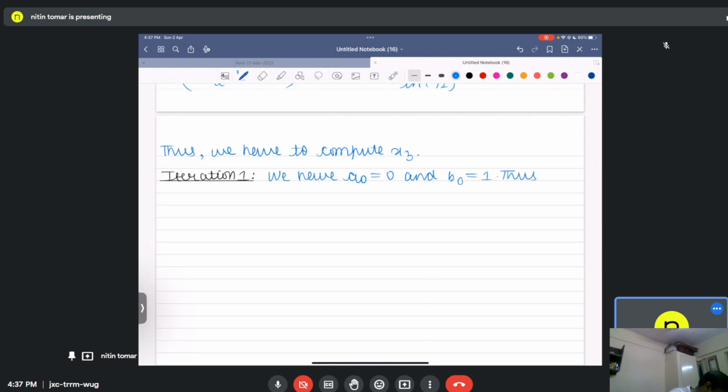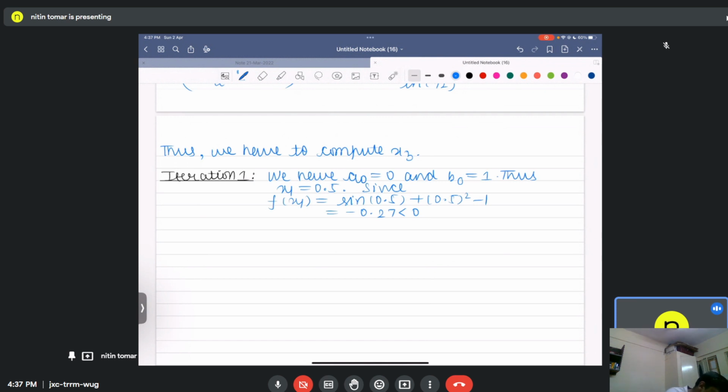So x1 is the midpoint, it will be 0.5, and we just compute f(x1), it will be sine 0.5 plus 0.5 square minus 1, and it is minus 0.27, which is negative.